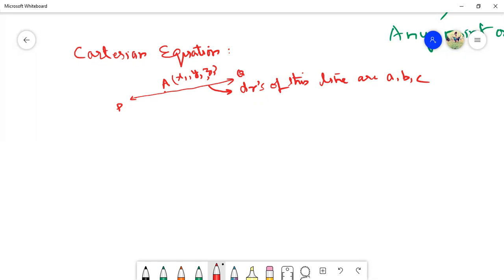Directly we are taking Cartesian equation, then we will write how to convert, and then we will do some questions on it.